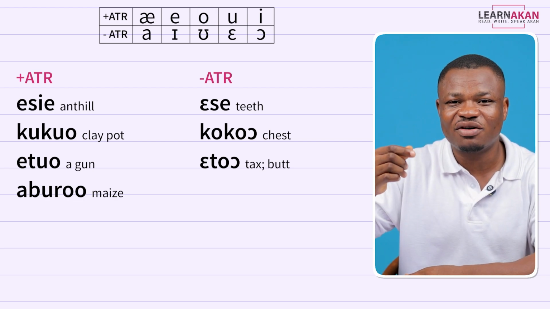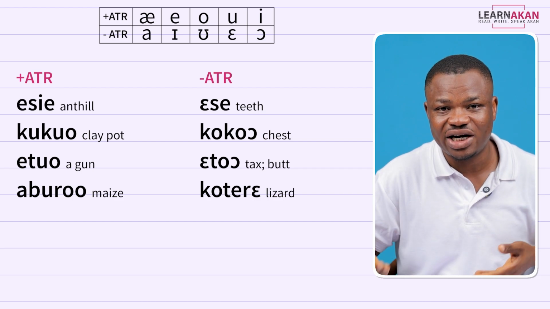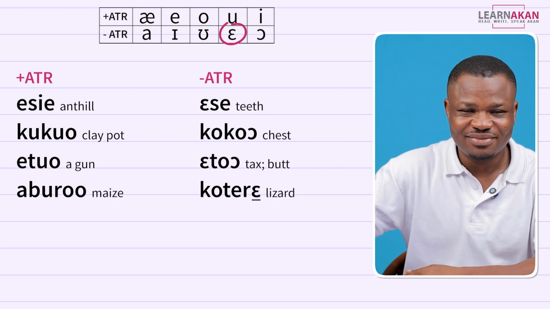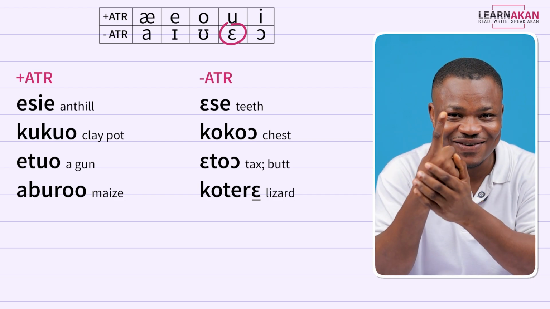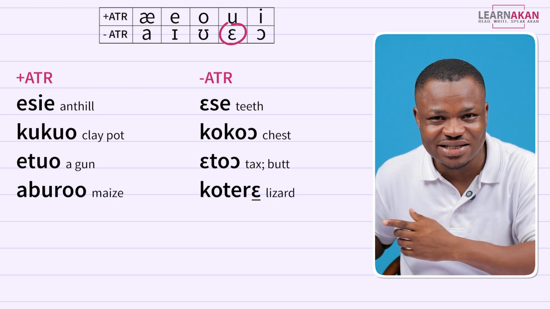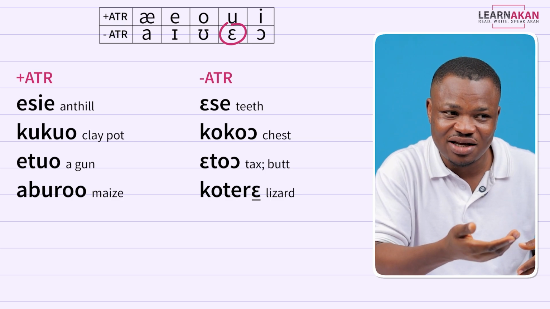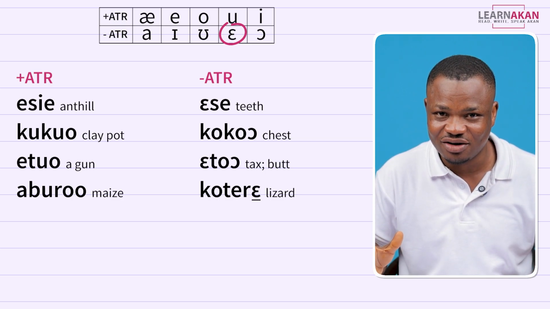Let's add another one from the minus ATR set. So we have kotre, for example. Kotre, right? Kotre. And you see the e at the end. It's one of the minus ATR sounds that represent just a single sound. So once you have that and you know it's from the minus ATR set, then you know every other sound must be from the minus ATR set for this to be in perfect harmony. Okay?